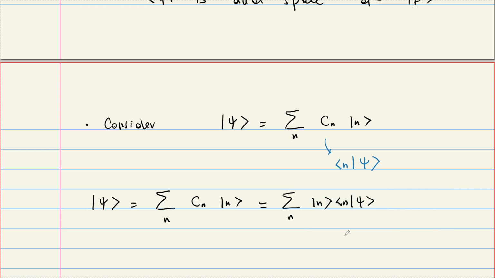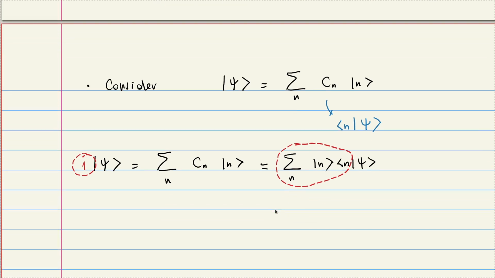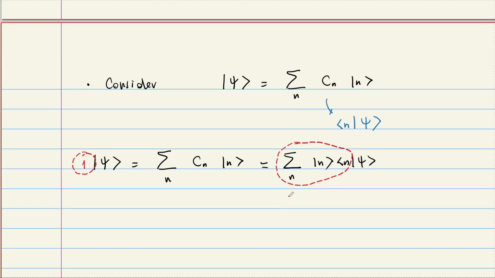So I can write it like this. I just wrote one thing after another. And now if I look at this expression, there is 1 multiplying psi here, and something else is multiplying psi here. If they are the same thing, it is like an equation.